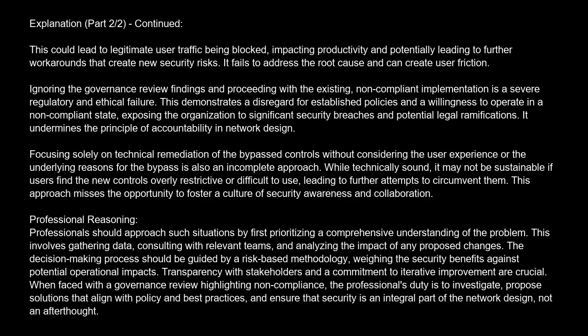Ignoring the governance review findings and proceeding with the existing, non-compliant implementation is a severe regulatory and ethical failure. This demonstrates a disregard for established policies and a willingness to operate in a non-compliant state, exposing the organization to significant security breaches and potential legal ramifications. It undermines the principle of accountability in network design.